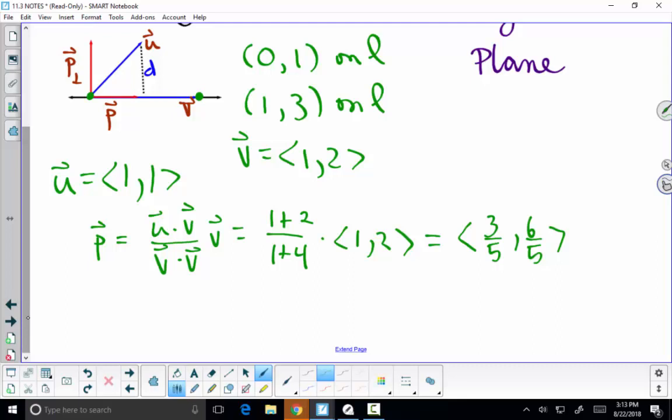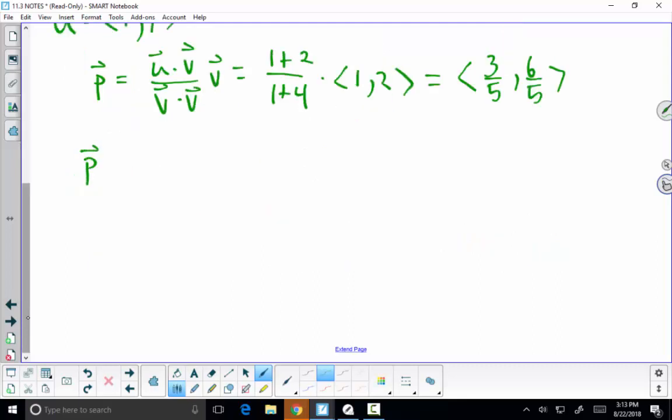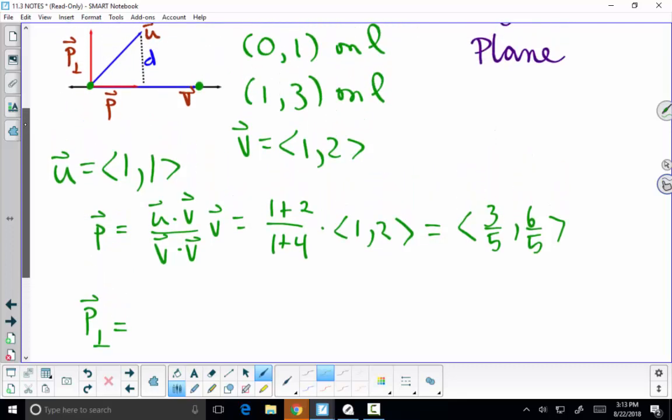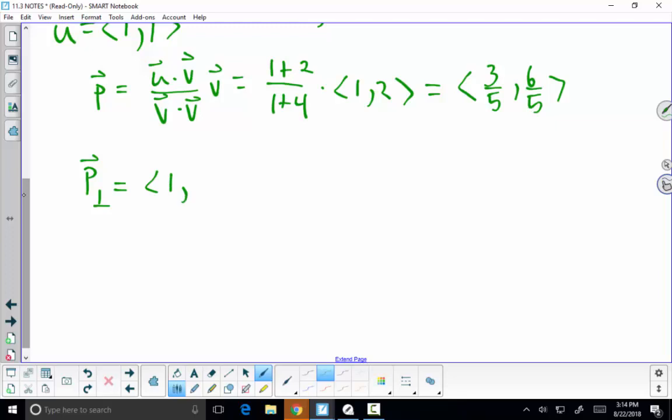To get the p perp vector, we're going to take the original vector that we found for u, which was 1, 1. We're going to subtract off 3/5 and 6/5. And that's going to give us 2/5 and -1/5.